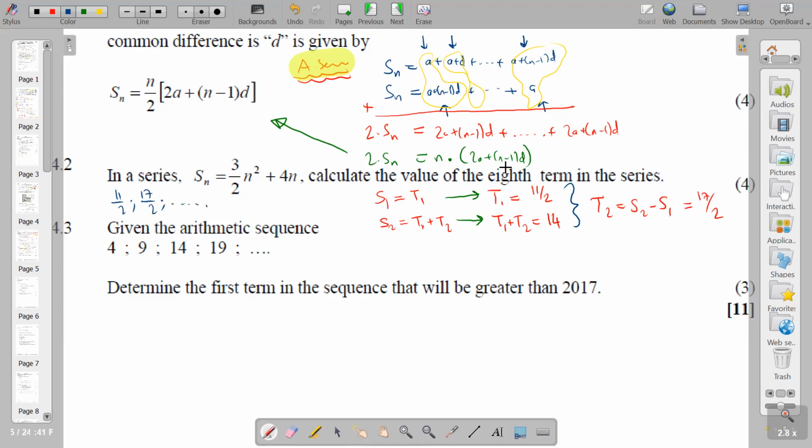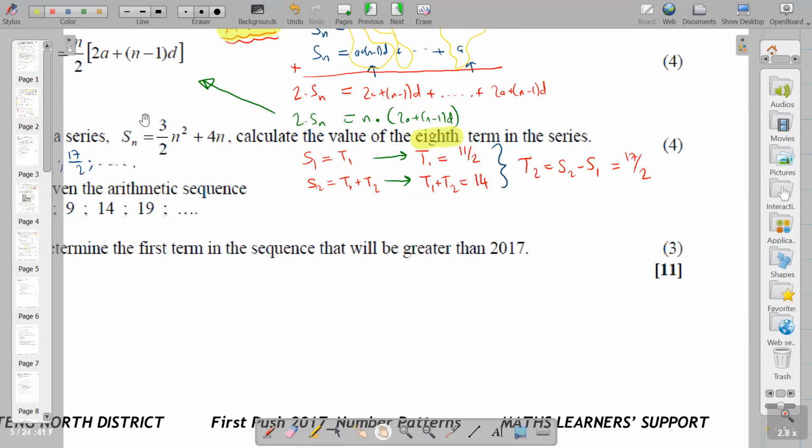So can I get the eighth term? Yep. But what is another idea? Once you understand that the second term is S2 minus S1, in the same way, if I generalize this to find the eighth term, I can say it is S8 minus S7. Because remember, what is S8?